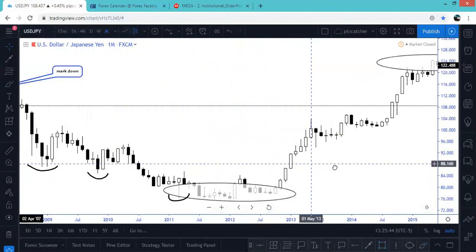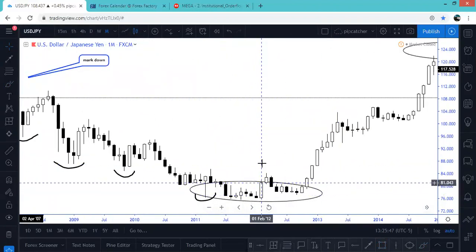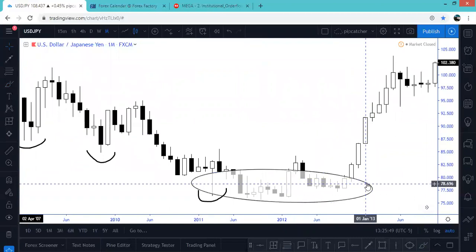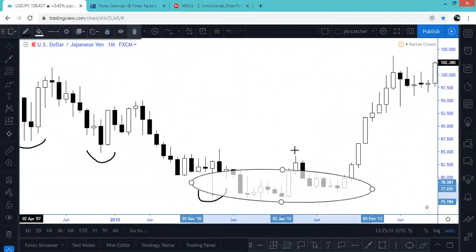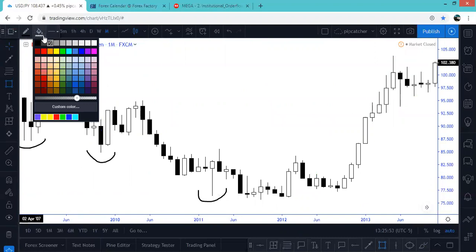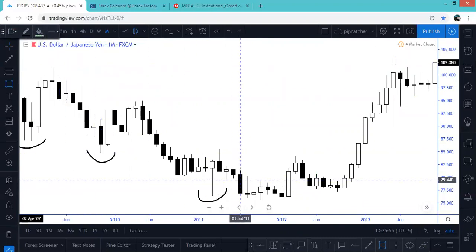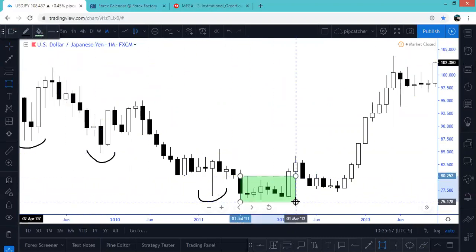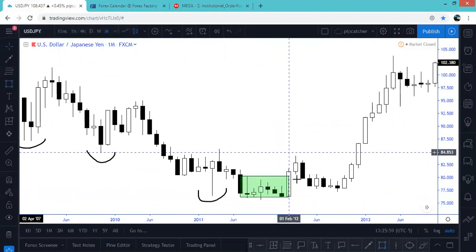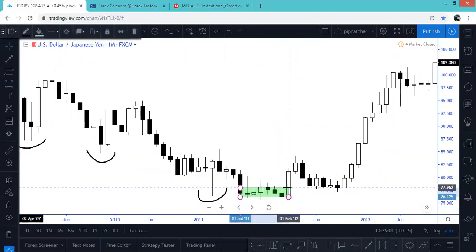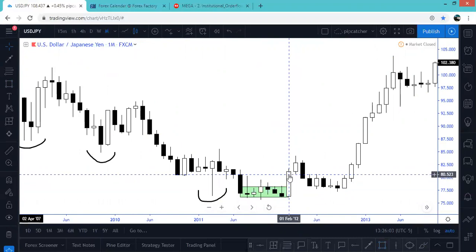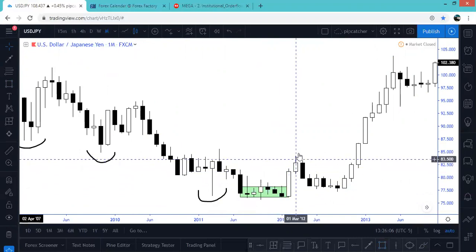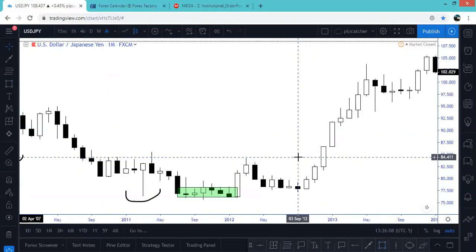We see this big impulsive move off of this range. We see this range right here, and we see this impulsive move break out of it to the upside, and it's coming back down.